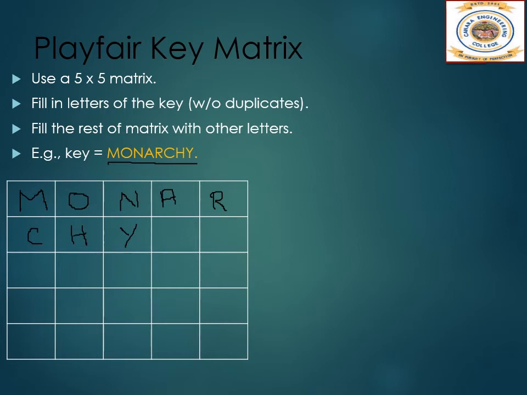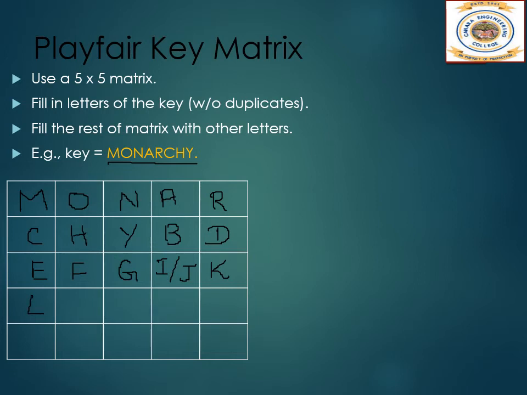Now A is already written, so next I will write B. Next C is there, so I write D. After that E. Next is F, G. H is already done over here. Then I. I and J are always written together. Then K, L. M is already there.